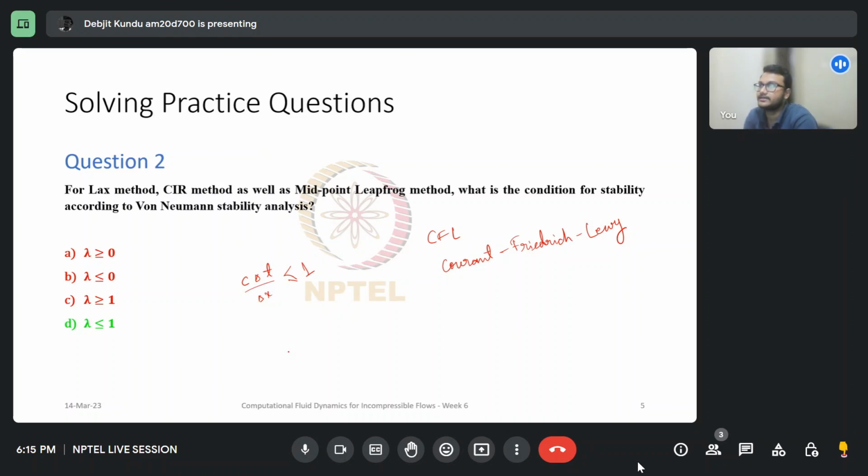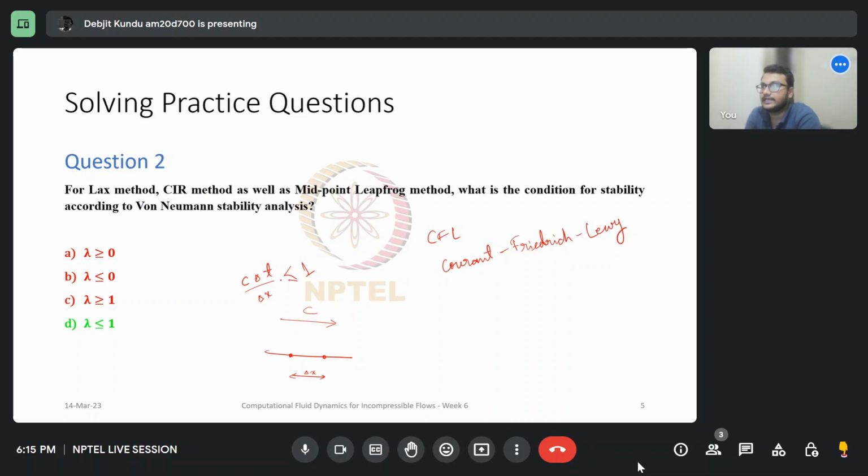So let's say we have two grid points like this, separated by a distance delta x, and there is a wave speed c, let's say, going from left to right in the positive x direction.